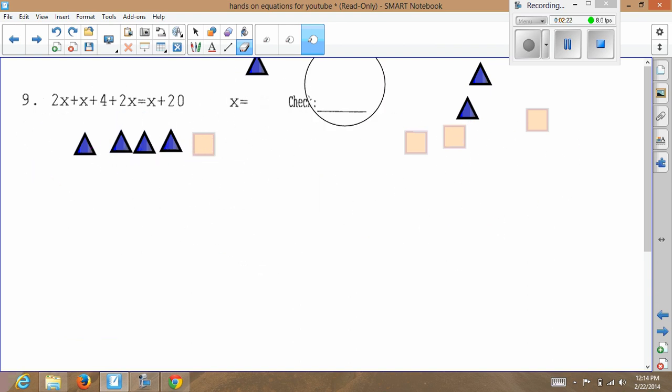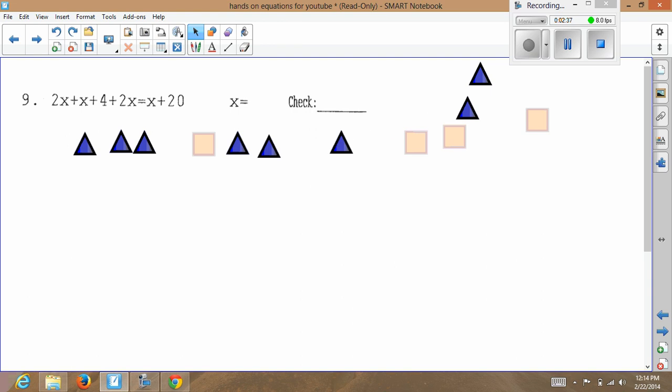So let's look at what that would look like without using a kit. Let's look at that algebraically. Coming back to where we were, we have 2 x's, and then another x, and then a 4, and then 2 more x's. On the right-hand side, we have the 4 and the two 10s together, which made 20.